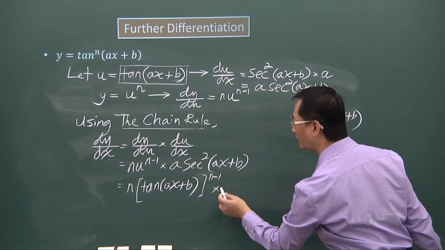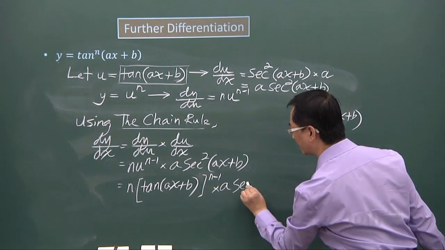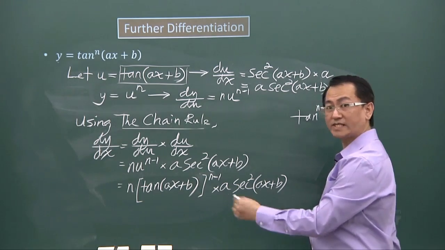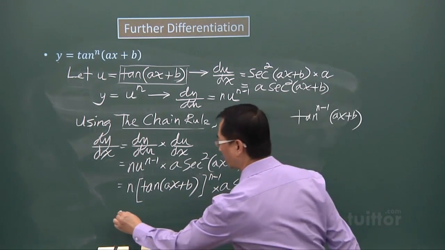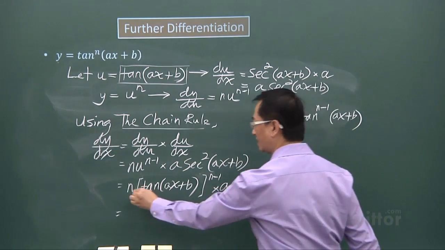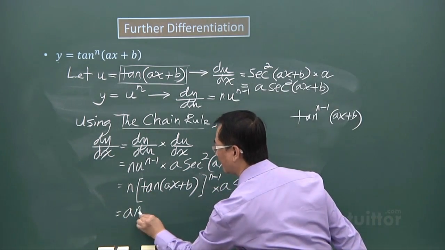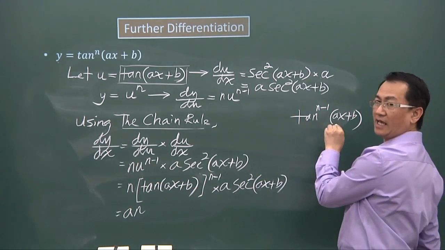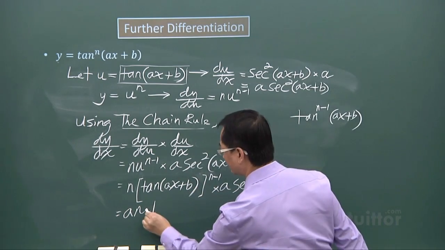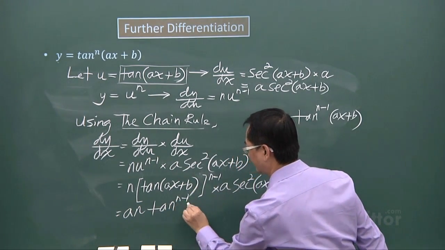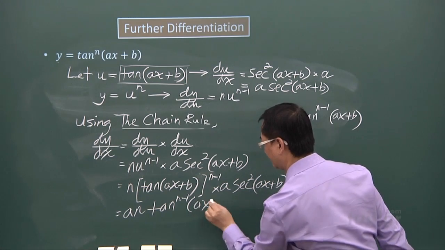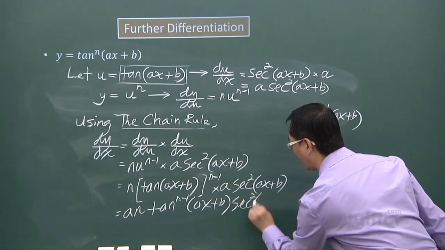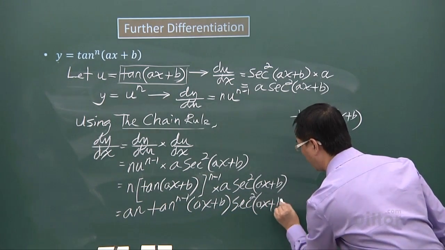Then here you have a secant squared bracket ax plus b. Now the final step, I'm going to put things all in order. The constant first, a times n. This, I rewrite into this form, times secant squared ax plus b.